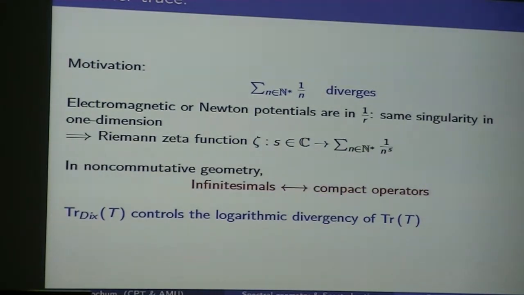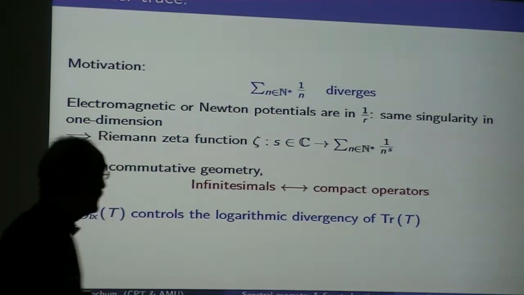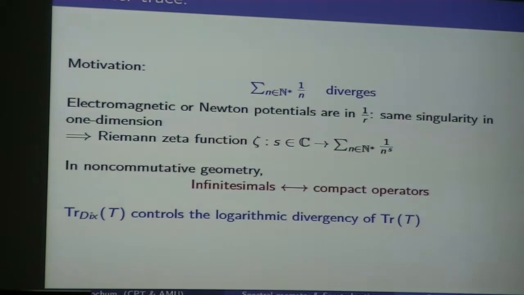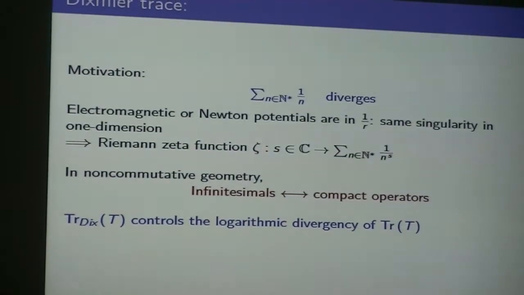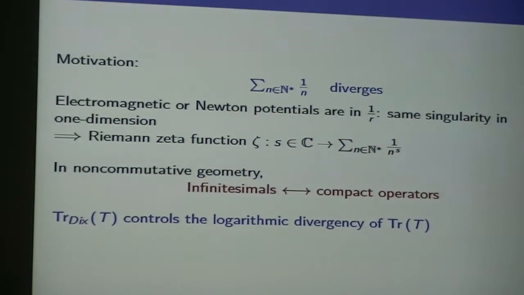Why? For many reasons, especially because of K-theory and so on and so forth, compact operators weigh nothing. Okay, but nothing means they are some infinitesimal, and precisely the Dixmier trace controls the logarithmic divergence of the trace.